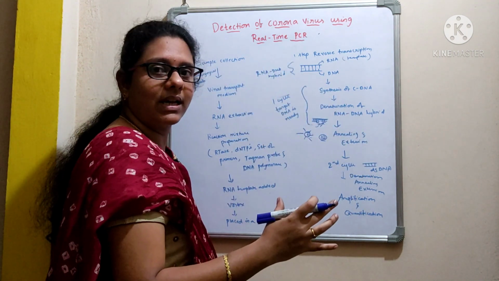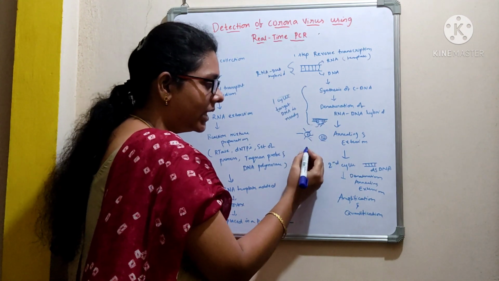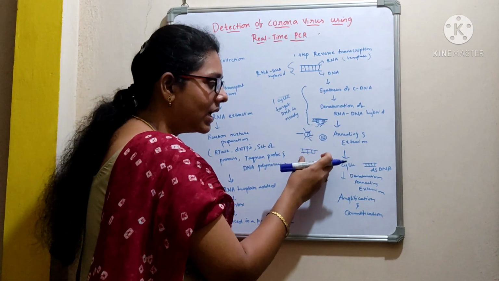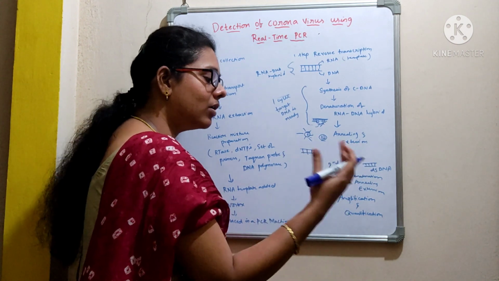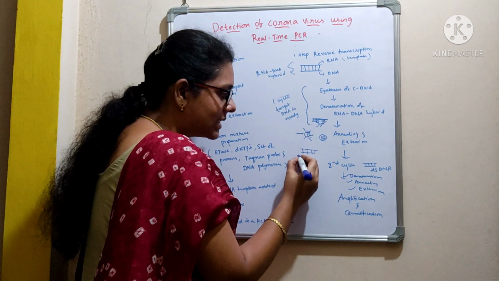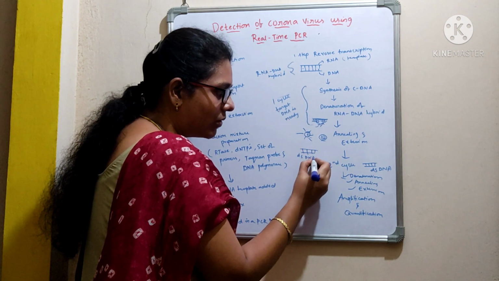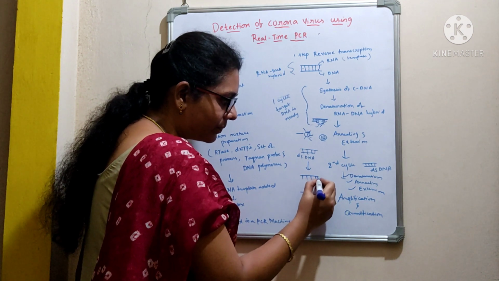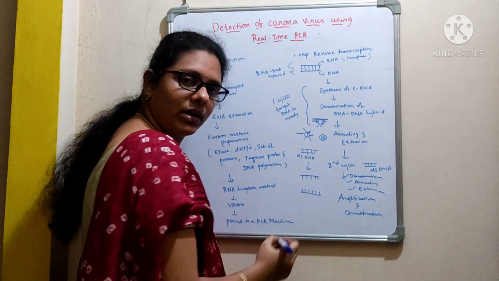What happens in the second cycle? Now we have a double stranded DNA, right? So now again in the second cycle, it follows the same denaturation, annealing and extension. This double stranded DNA will undergo denaturation, giving rise to two single stranded DNA molecules.